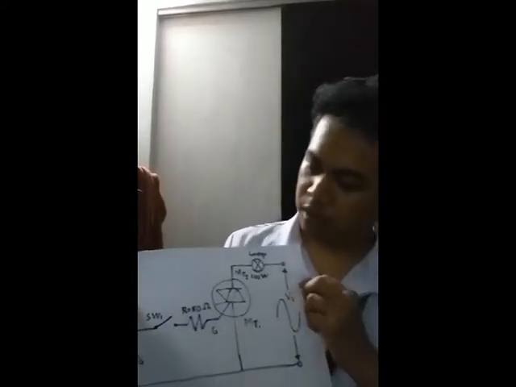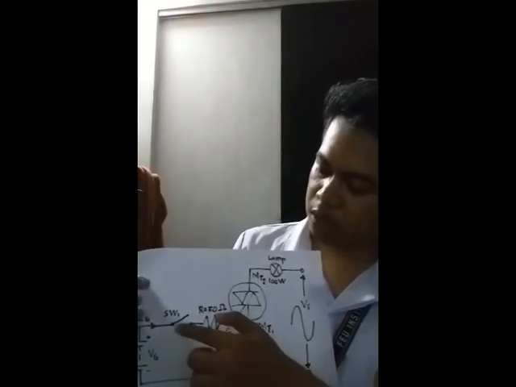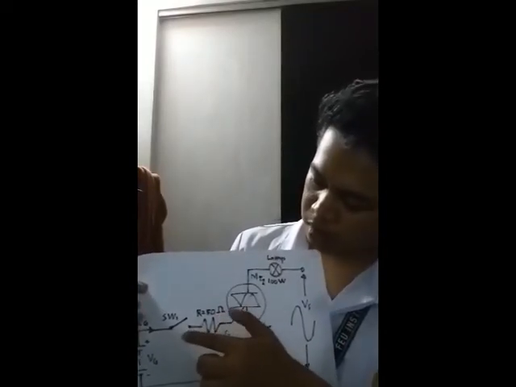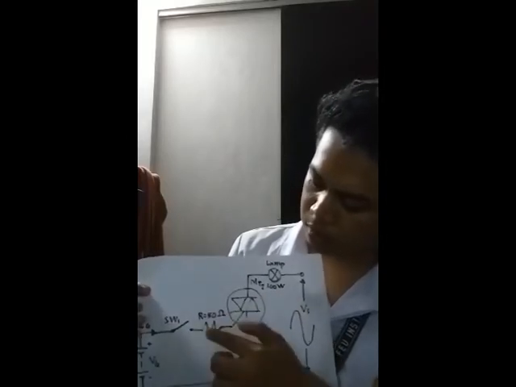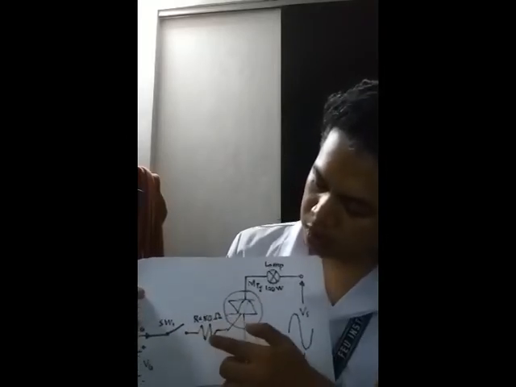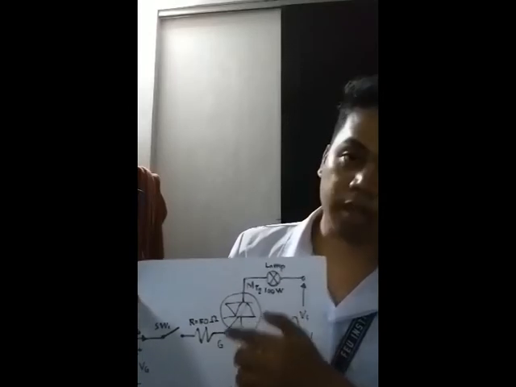So, in this circuit, when switch 1 is open, the Triac will be in the off state because there is no gate current that can enter the Triac.